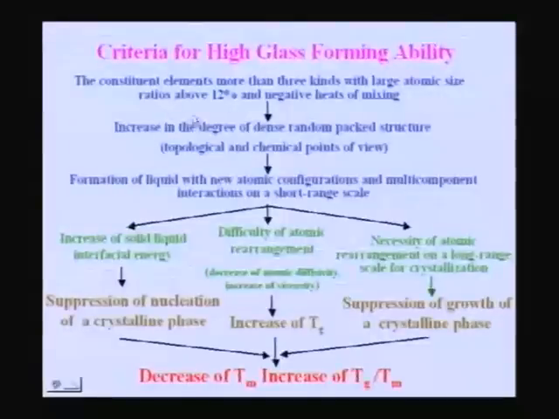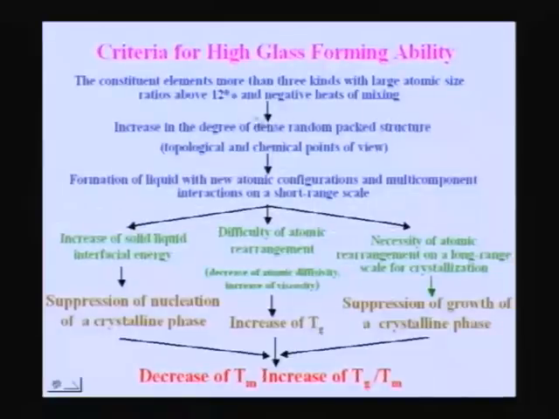So based on this, people have given some kind of a route map of how to get a bulk glass, and this route map is something like this. If you take constitutive elements, that means more than 3 types of elements with atomic size differences of more than about 12%, and a large negative enthalpy of mixing, if you choose such a system, what you do basically is increase the degree of dense random packing.